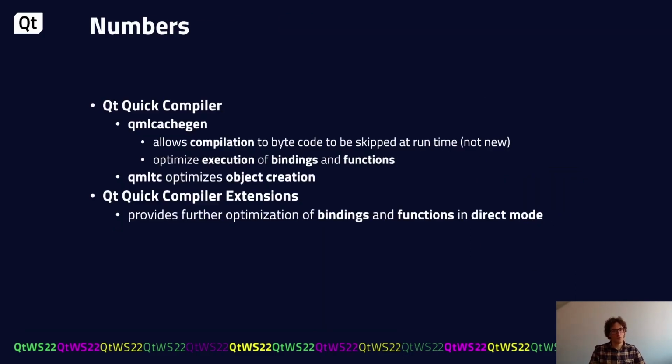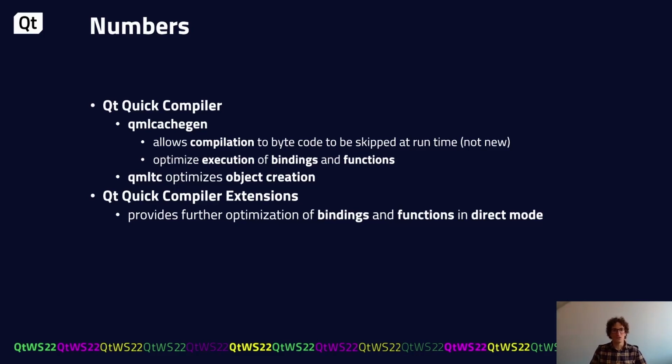Now, what does it give us? As said before, QML Cache allows the compilation to bytecode to be skipped at runtime. Okay, we know that already. We've seen numbers about that several times. I'm not going to go into details on that. What I'm going to show is how much faster the execution of bindings and functions is when precompiled to C++.